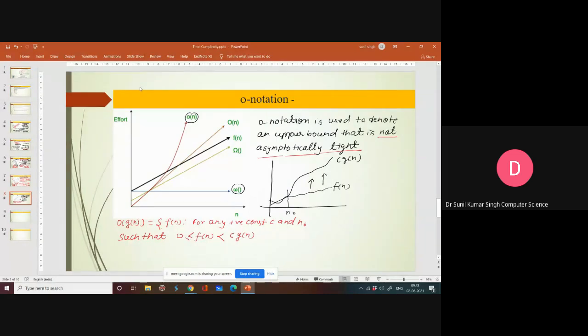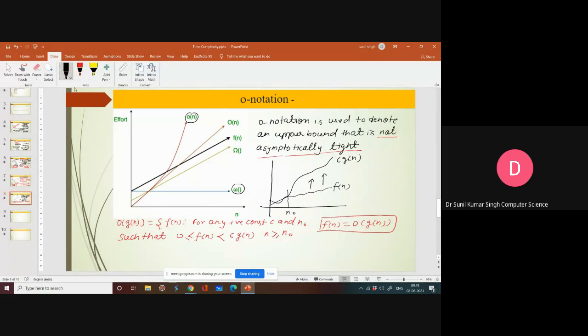In the previous one, you can see we had the equality here also, but in this one it will be strict inequality. I mean, it will be lesser than, not lesser than or equal to, for all n greater than or equal to n naught. If it is holding the condition like this, then we can write f(n) is equal to small o of g(n). Now, let's take an example. It will be more clear to you.